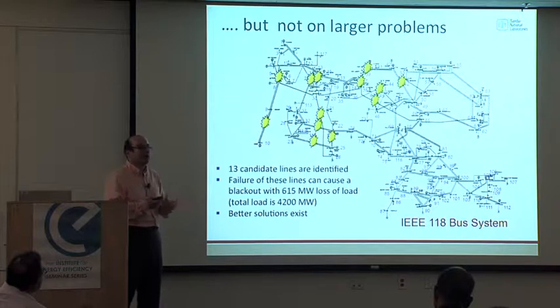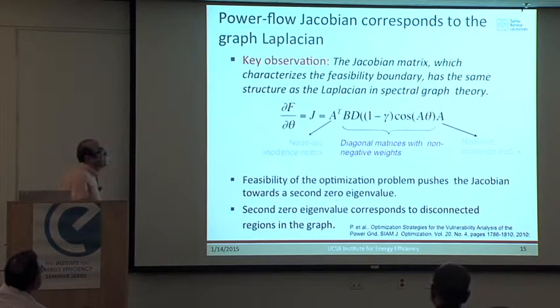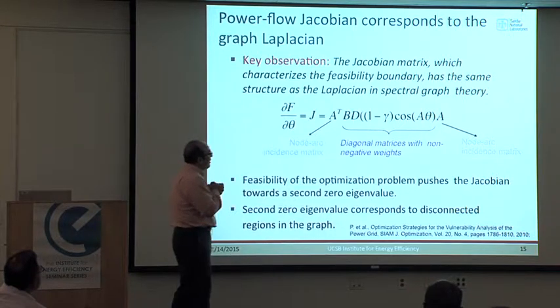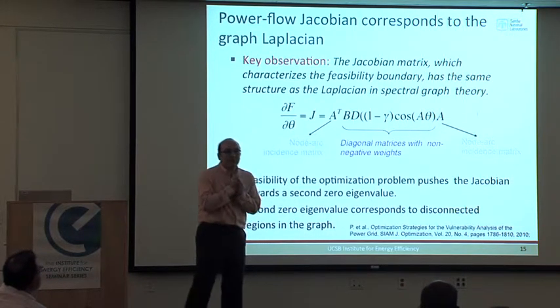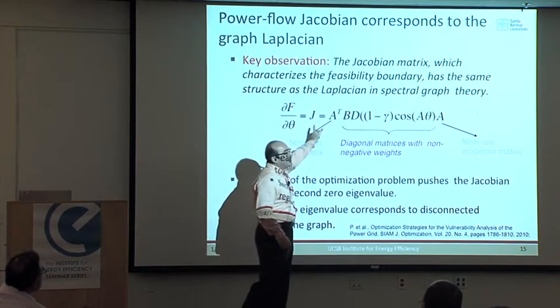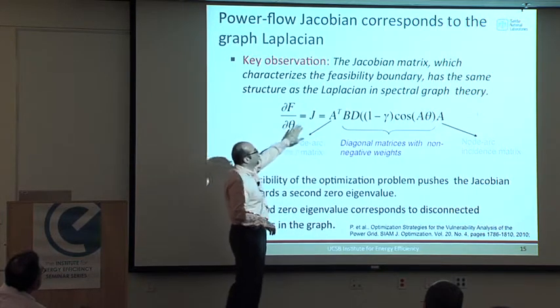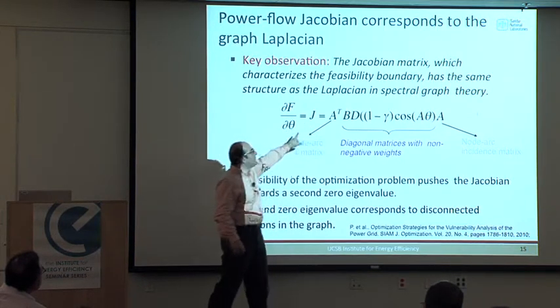Well, I think next, let's look at the formulation a little bit carefully and try to find its structure. So I think this is the most critical slide for the talk. The key observation here is that this is the Jacobian of the power flow equations, and the critical thing here is, well, I have A transpose.